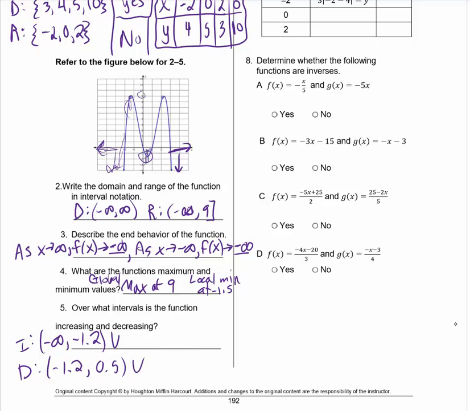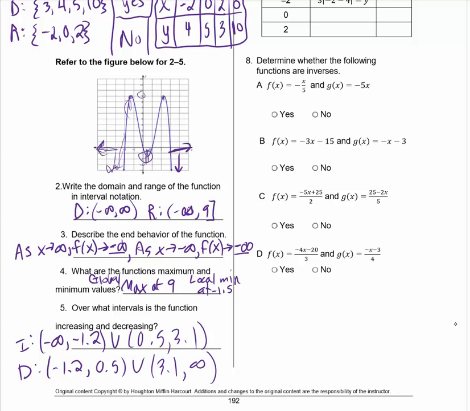And then from this 0.5 to up here, which is just a little bit past 3, let's say 3.1, from 0.5 to 3.1, we're increasing again. And then at 3.1, it switches to decreasing, and it decreases for the whole rest of the time.